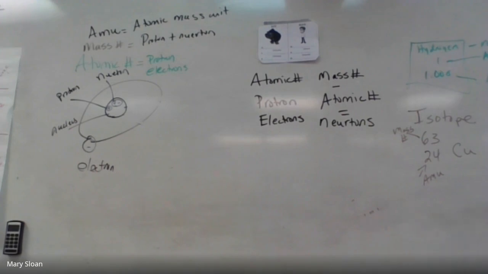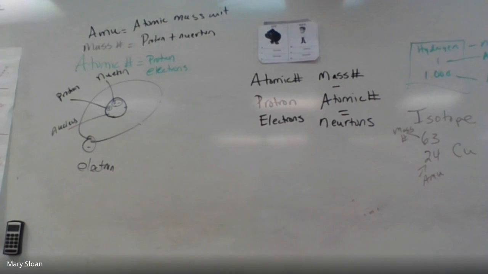All right. Explain the difference between a neutral atom and an isotope. Here is a neutral atom. How do I know it's neutral? Well, let's see. Cu, it says the atomic number is 29.